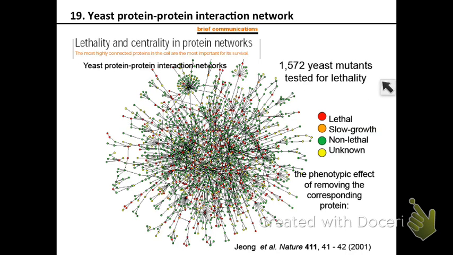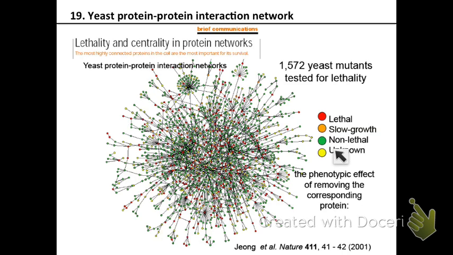For the ones that grow, that knockout is not that important. The ones that don't grow tell you that the gene that was knocked out is essential, meaning essential for growth, okay? So what they had basically is a phenotype measurement. Some gene knockouts were lethal, some showed slow growth, others were non-lethal, and others unknown.